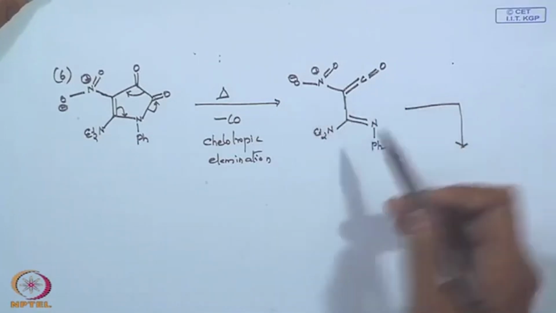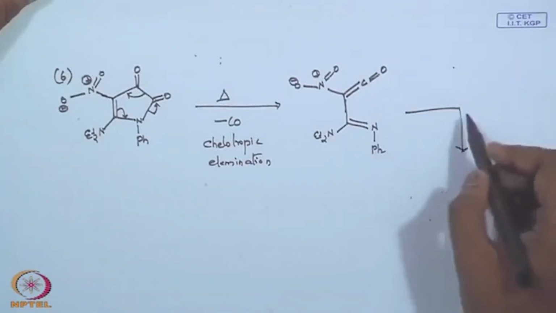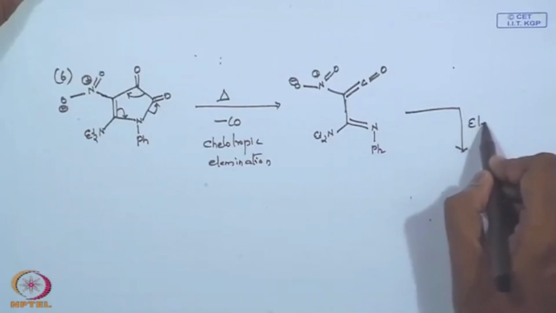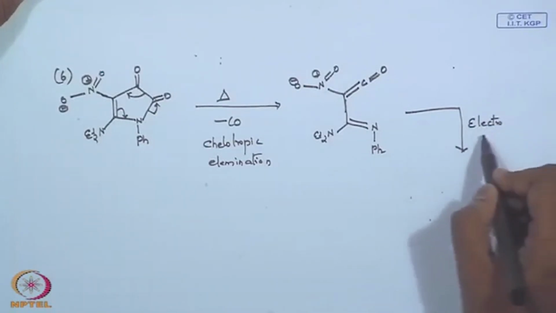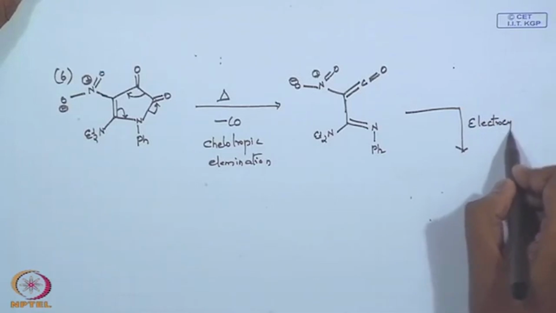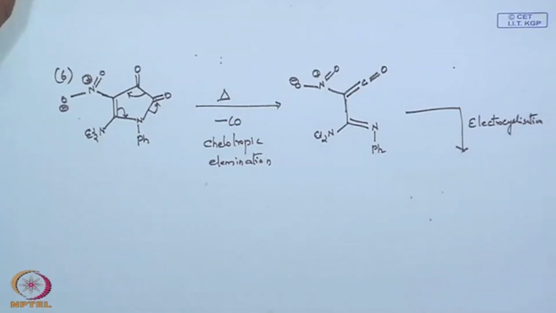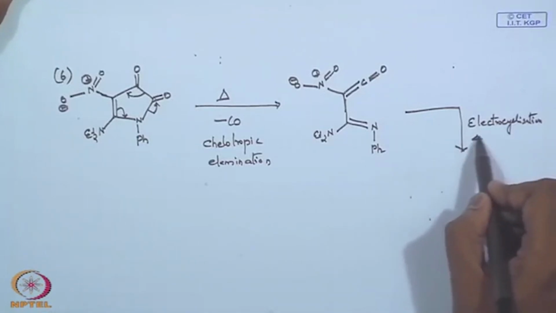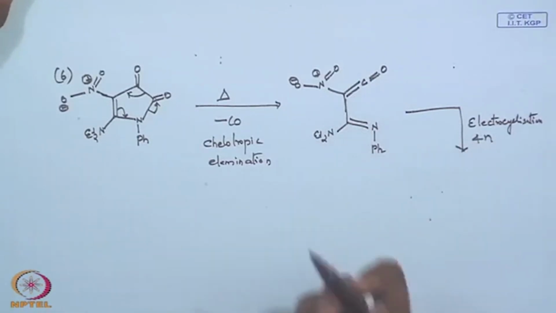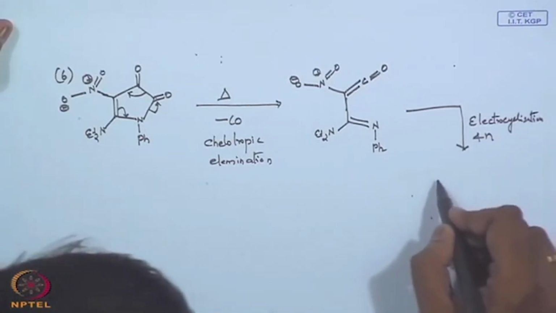So then you can think about electrocyclization, right. If it is electrocyclization, then it is a 4n system, and on heating it is conrotatory to give me the product.